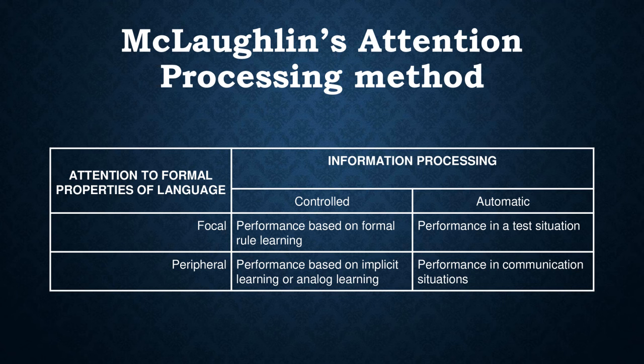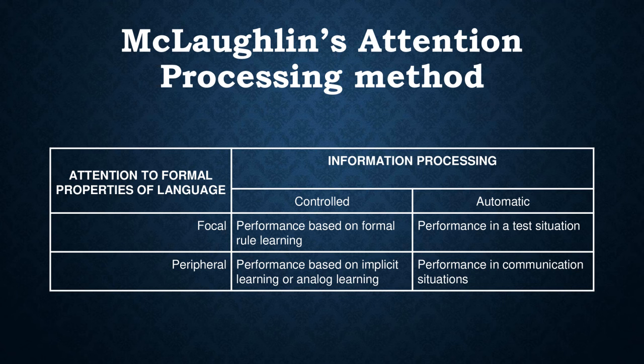And remember, focal attention differs from peripheral in that the first is intentional attention, and controlled and automatic differ in that controlled is a new skill, capacity limited, while automatic refers to a well-trained, practiced skill, with capacity that is relatively unlimited.